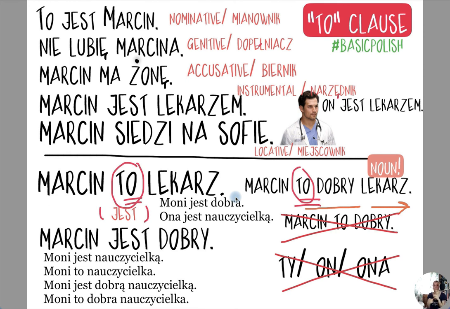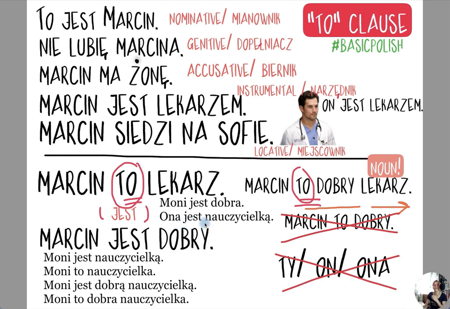And someone could ask, Moni, do I need to use instrumental here? No, because you are not saying who is who, but who is what like. So that is not the instrumental case, okay? And if you wanted to say she is a teacher or she is a good teacher, so instead of a name you are using a personal pronoun, ona jest, then you have to use instrumental, right?